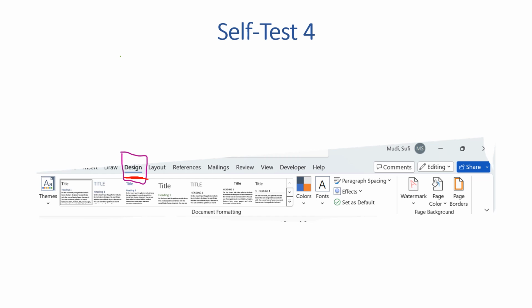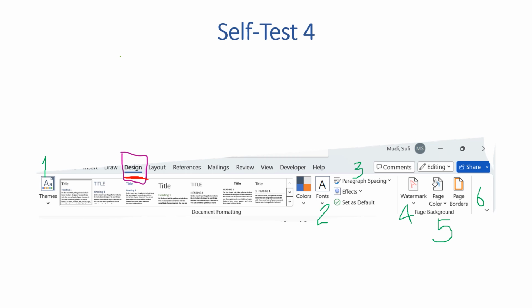The first lesson is about themes. Then the next one is about font. Then the third one is about paragraph spacing. Then we have seen also about watermarks, page color, and lastly we have discussed page borders.